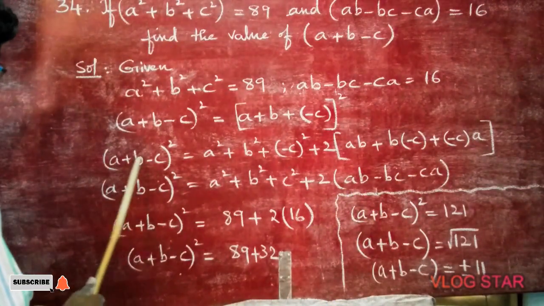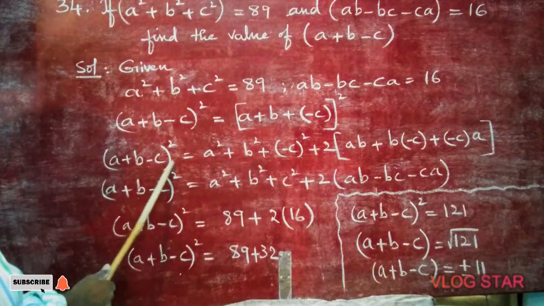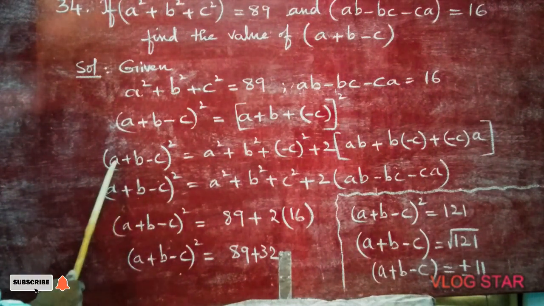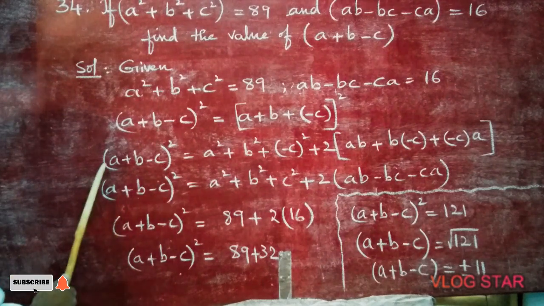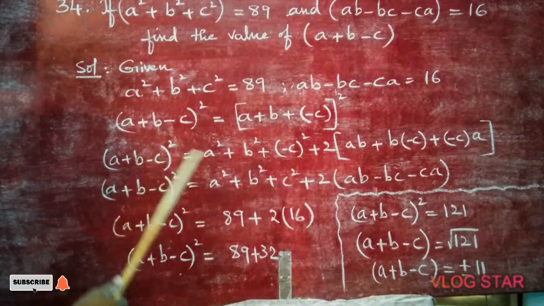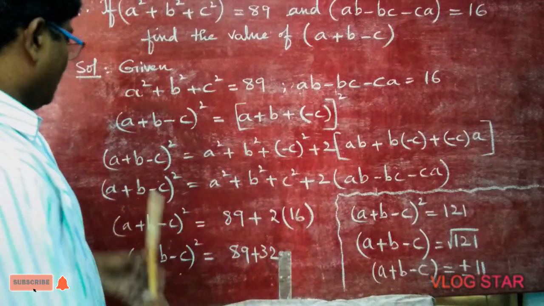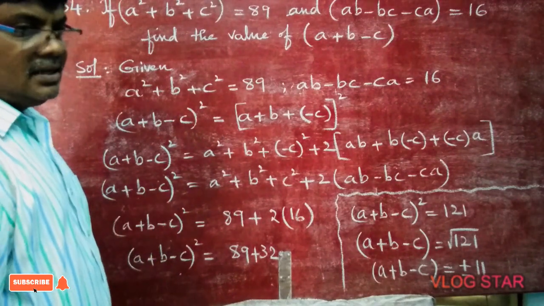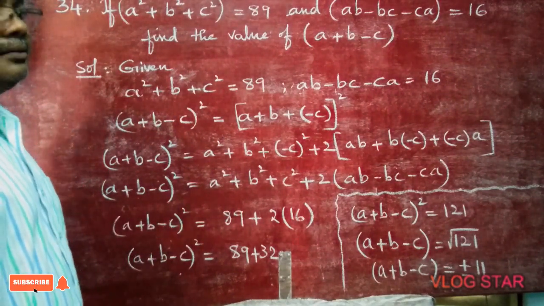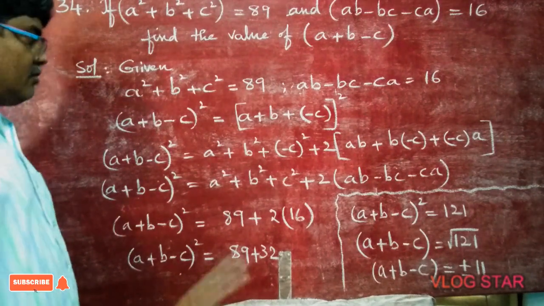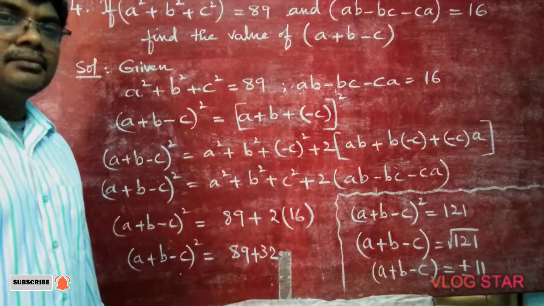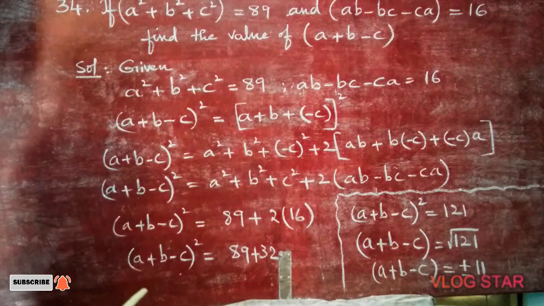That is the formula for a plus b minus c. In the same manner, a minus b plus c. In the same manner, minus a plus b plus c. So note these formulas. Always positive won't be there. Sometimes negative also may be there. Use brain. Otherwise, this problem will go in drain. So keep in mind. Don't do blind.